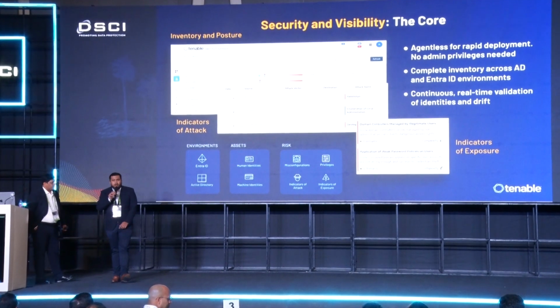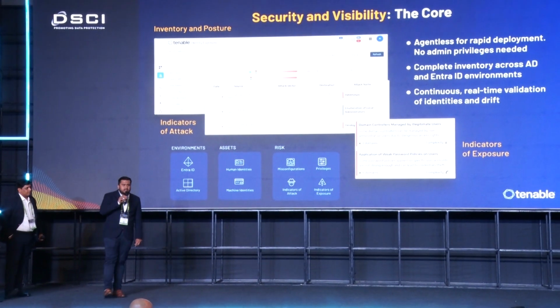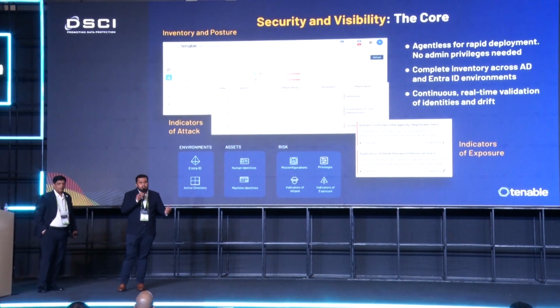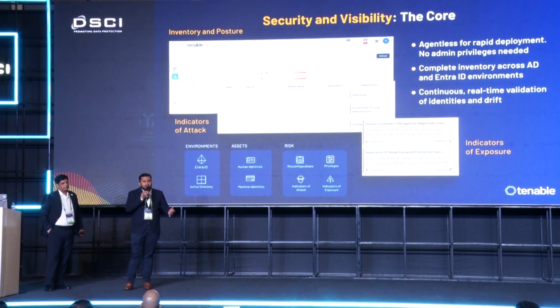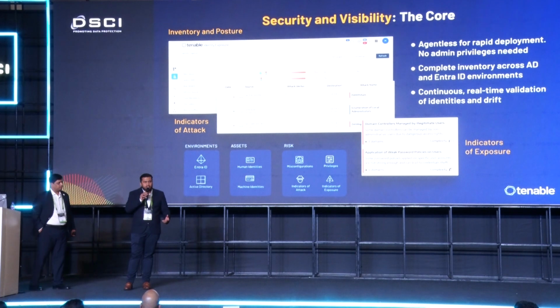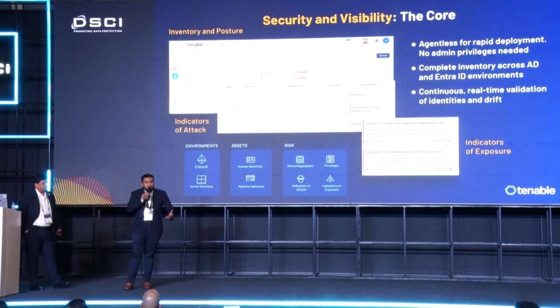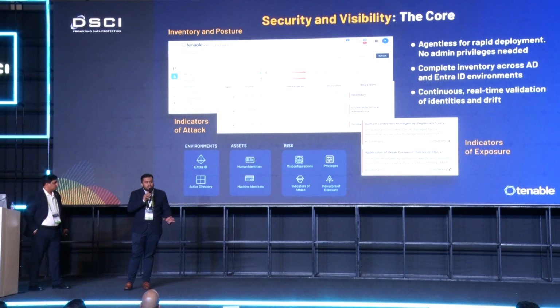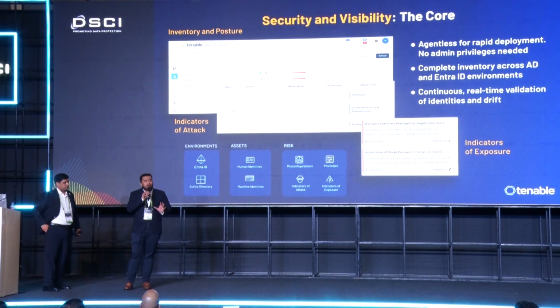Indicators of attack, what Swapnil mentioned, is where Tenable proactively predicts that, based on a particular misconfiguration, there is a probable attack which is going to happen on your AD environment. There is literally no other tool which gives you the complete posture of your Active Directory.